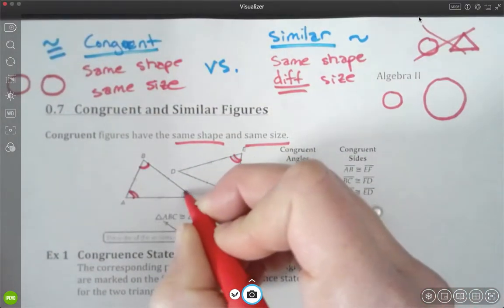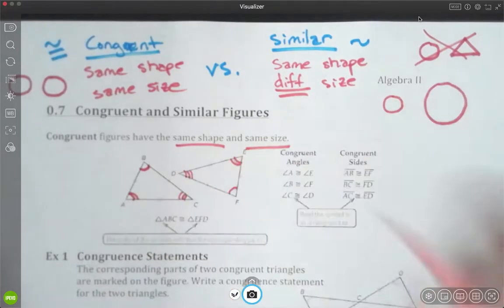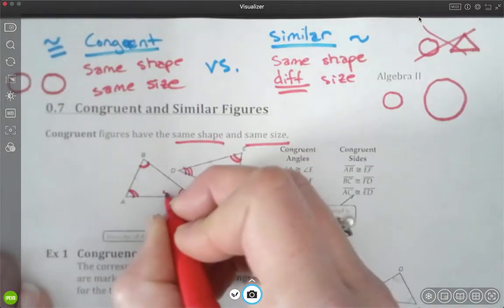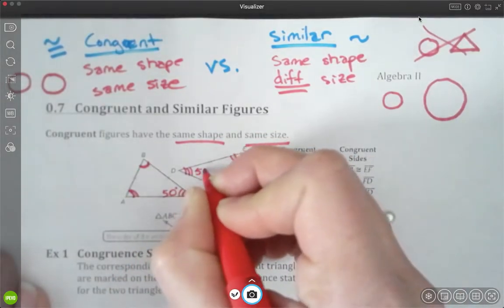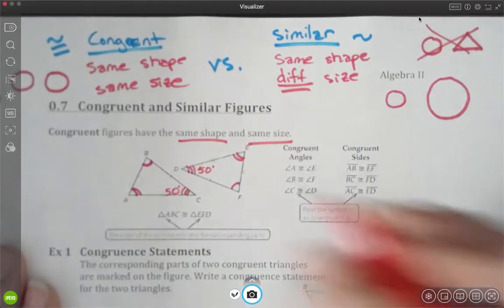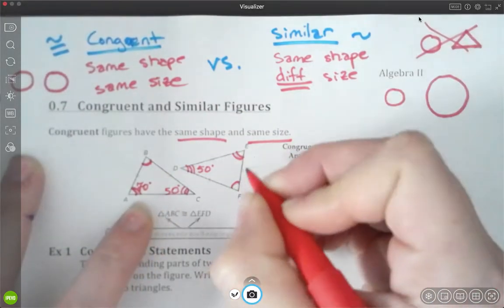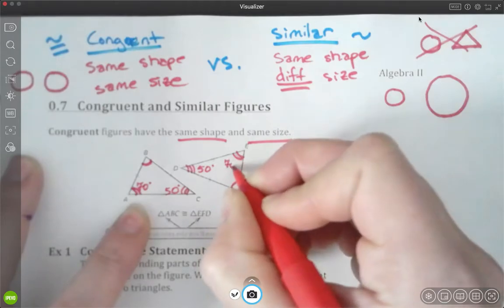And C has three little loops, and D has three little loops. That means those correspond to each other. So C is exactly the same number of degrees as D. So if C is 50 degrees, so is D. If A is 70 degrees, so is E.